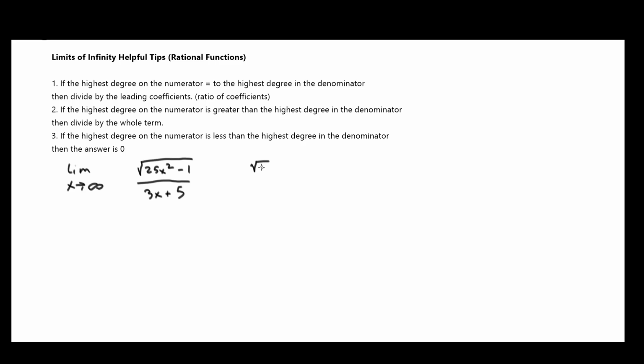You have the square root of 25, which is equal to 5, and then the square root of x squared. If you recall, this is equivalent to saying x squared to the 1/2 power, so that just gives you an x.